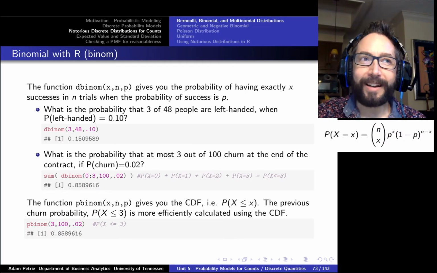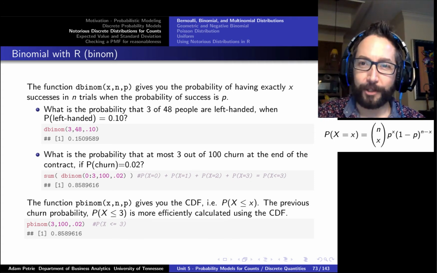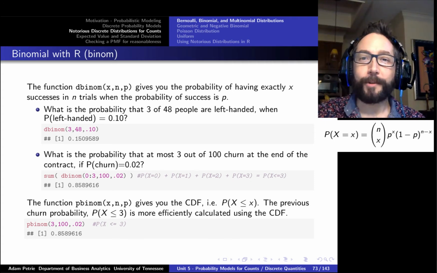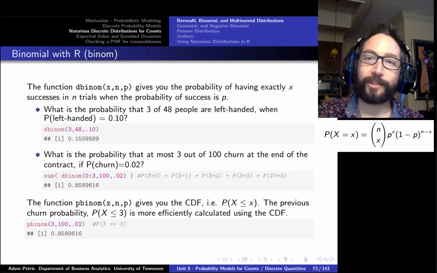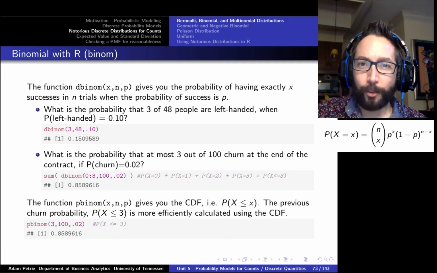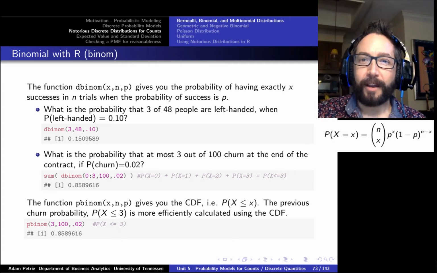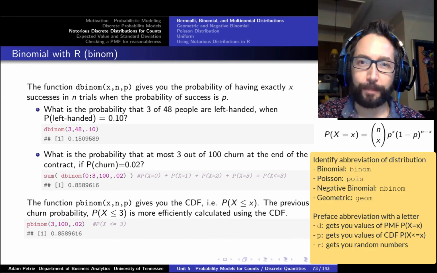So obviously, we're not going to type out that full equation in R if we want to work with the binomial distribution. R has a whole bunch of built-in functions that allow us to work with these notorious distributions with very little effort on our part. The way we're going to work with R is to identify the abbreviation that R knows the probability distribution by.